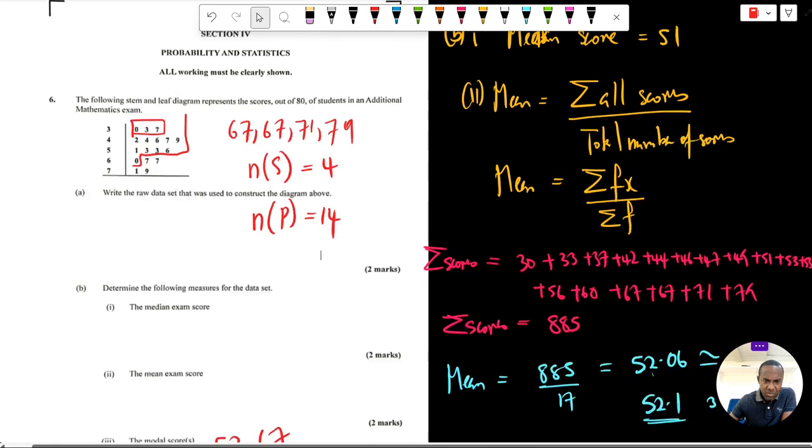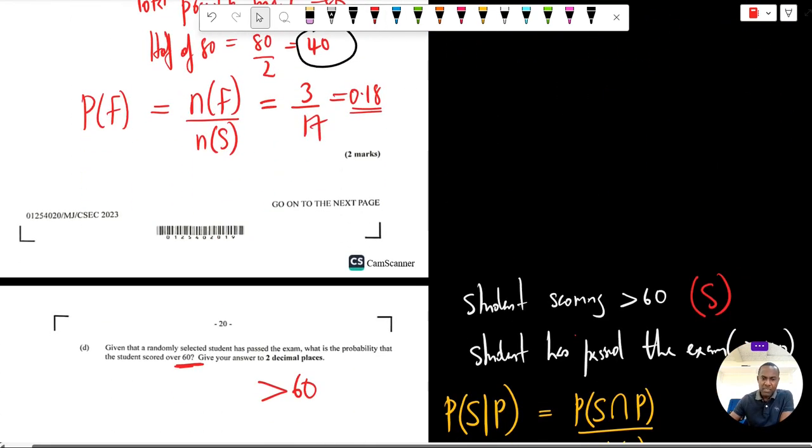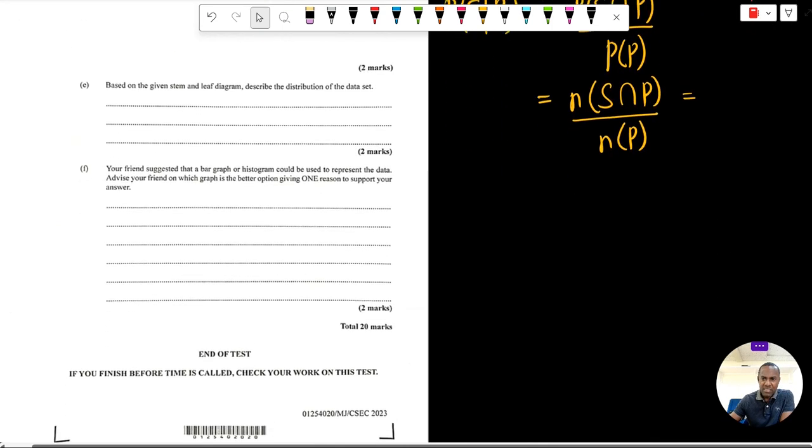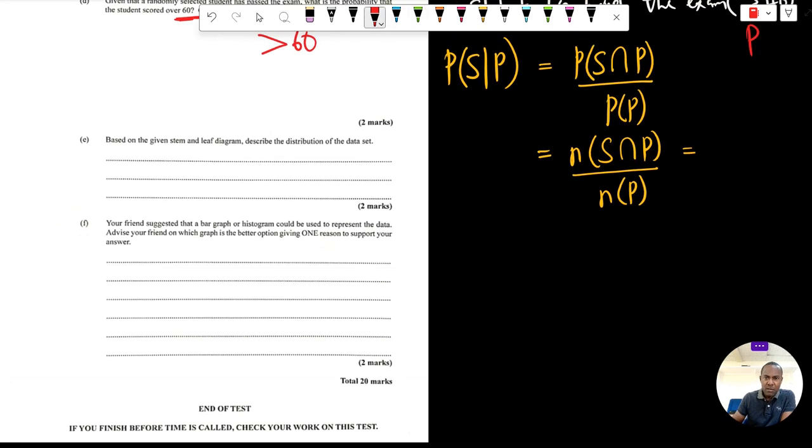So having determined those numbers, we can go back and calculate the probability. And so what we'll get is this. The probability of a student scoring over 60, given that the student has passed, is equal to 4 divided by 14. And we express this to 2 decimal places. 4 divided by 14 is 0.29.